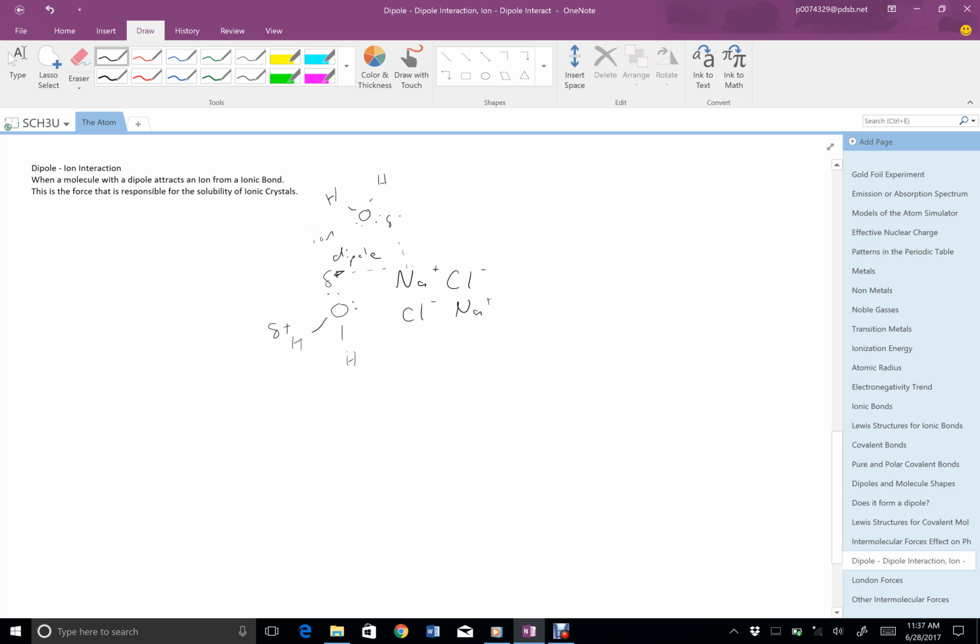Now this sodium chloride is part of a bigger crystal, and so it has a fairly strong attraction to its own crystal, but if enough water molecules come along and work together, then they can actually pull that sodium right out of its crystal.